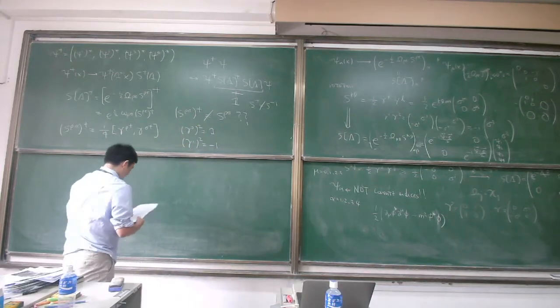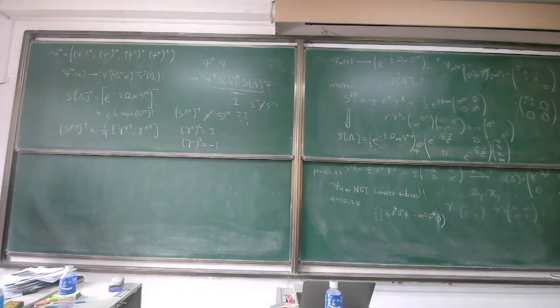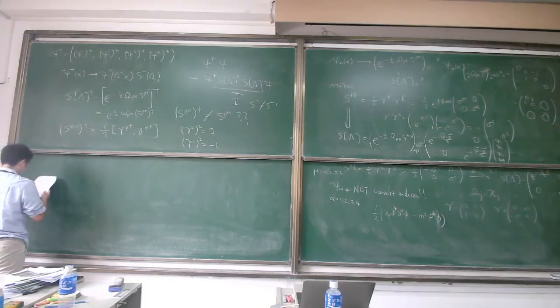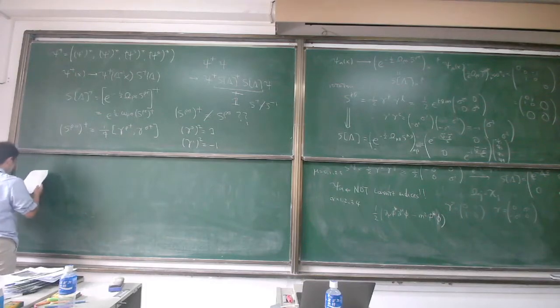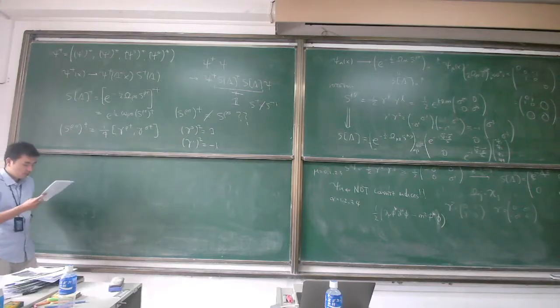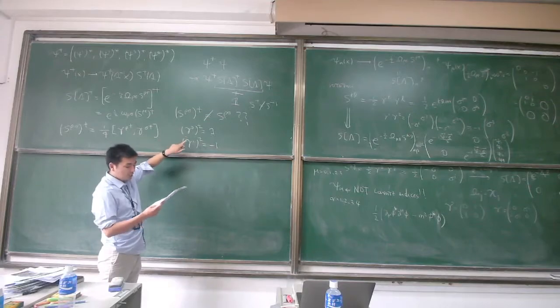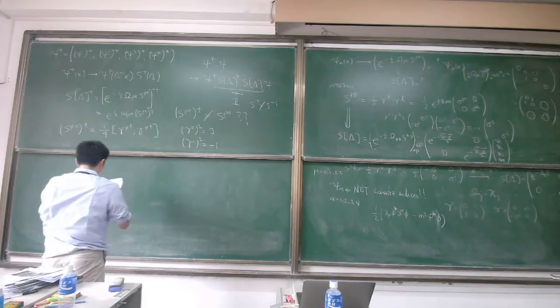Okay. To make up for this gap, we consider the following thing. We just need to notice that this is Hermitian and this is anti-Hermitian. So therefore, we just notice the following thing.